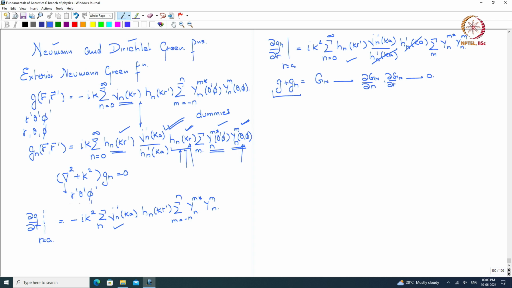And because we have a Hankel function here in the far field, it will be of the second kind. It will be propagating outward, and so the Sommerfeld radiation condition is satisfied.